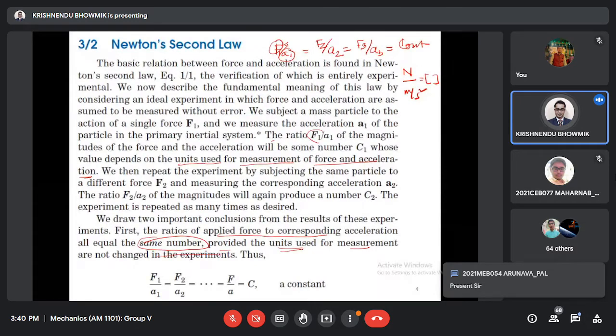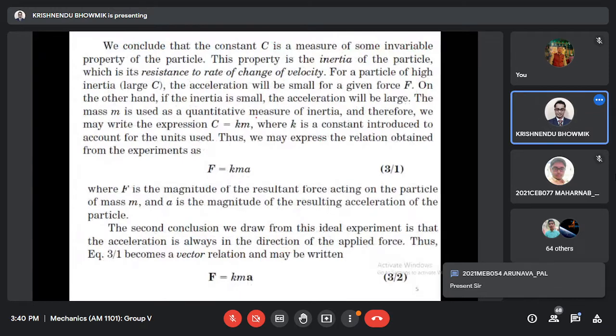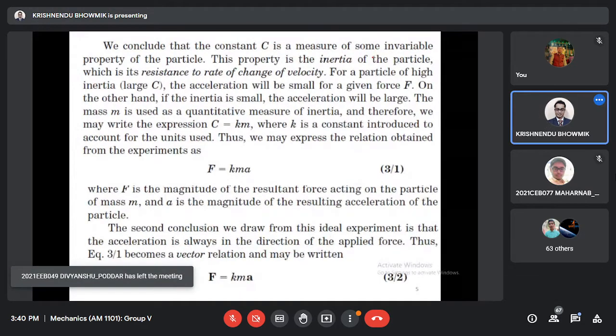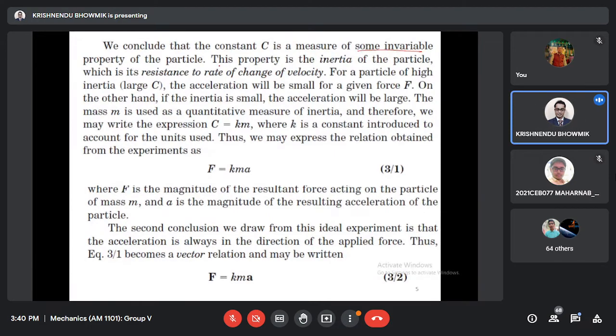Don't consider experiments here. So this is the ratio. That ratio means some invariable property of the particle. The C is some invariable property of the particle.